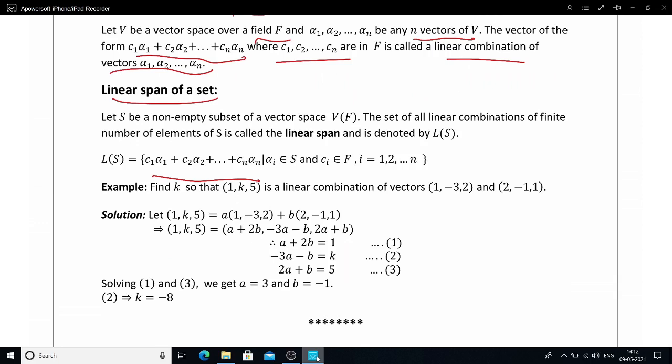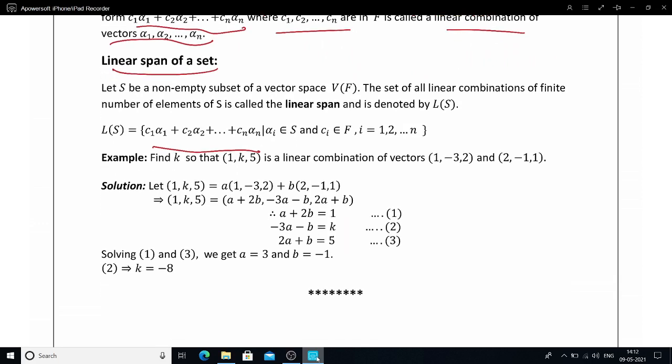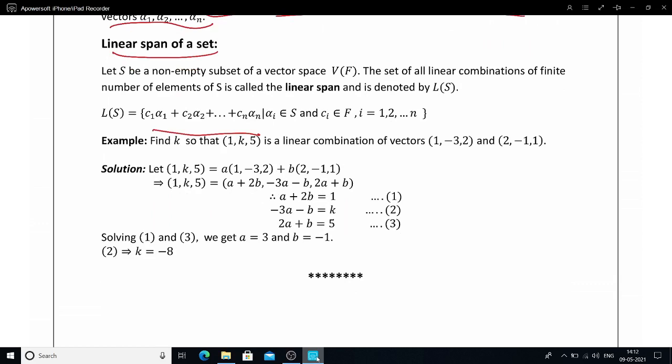Let me take a simple example. Find the value of k so that (1, k, 5) is a linear combination of these two vectors.